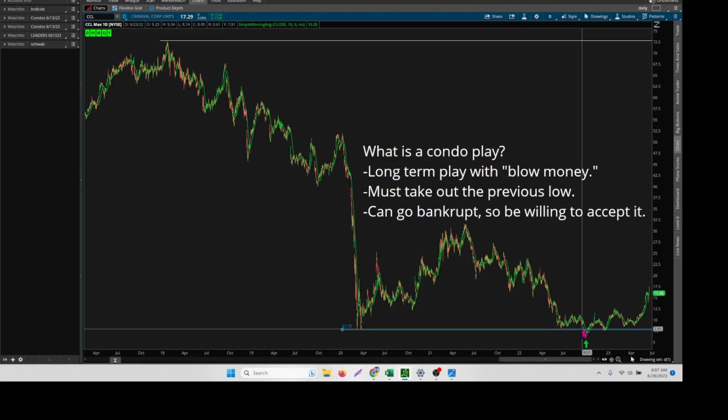The moment price does that, you have two options. You can either enter the trade and then decide how much you're going to let go against you, or you could let price reverse at this 775 area again by setting another alert and then taking the trade as it's trying to rally back up.